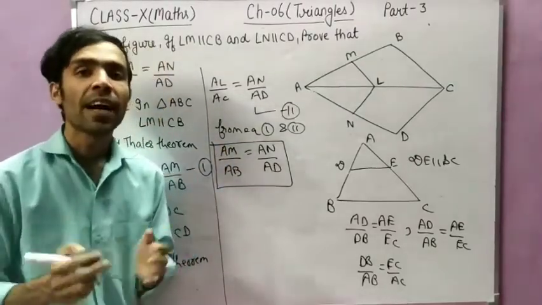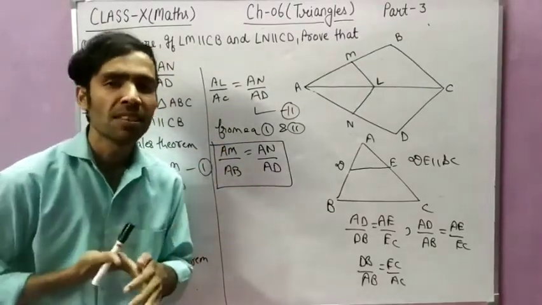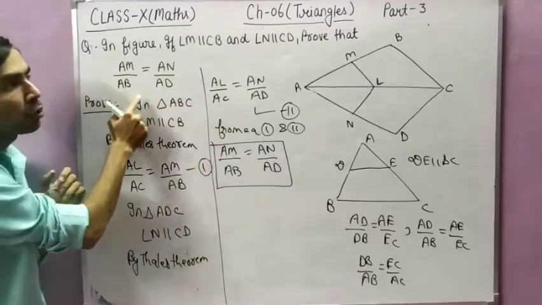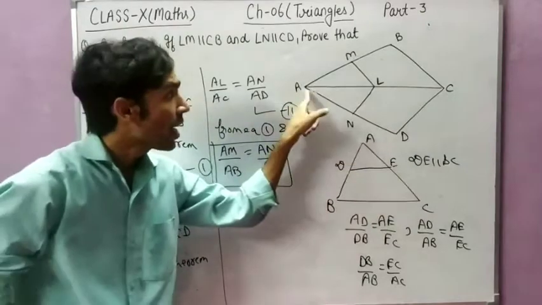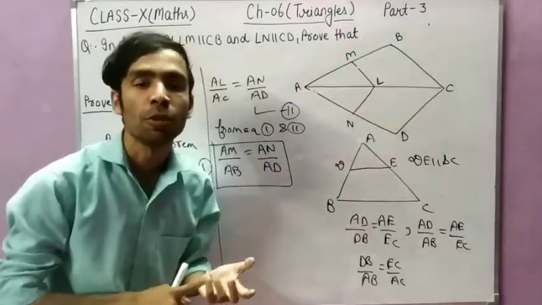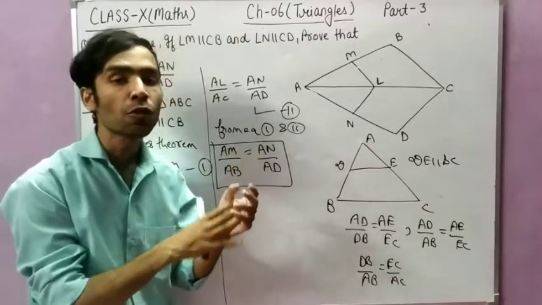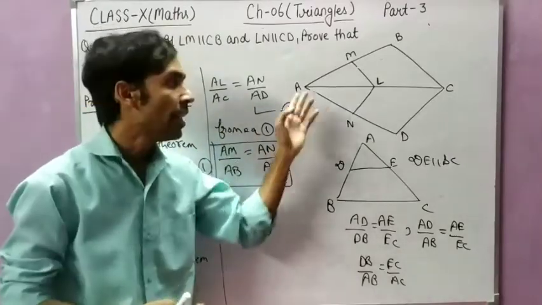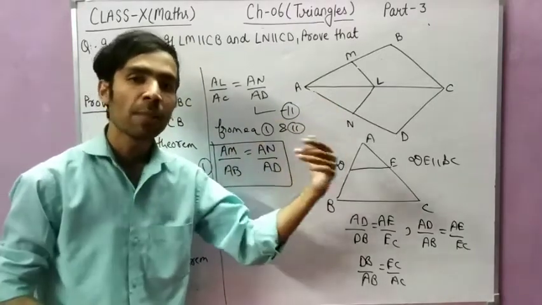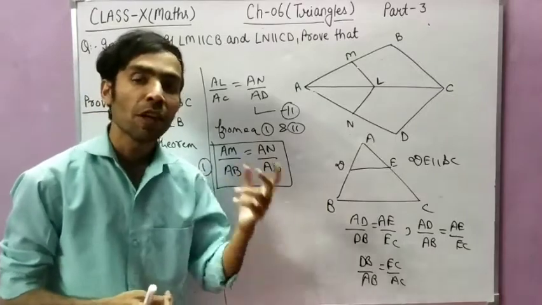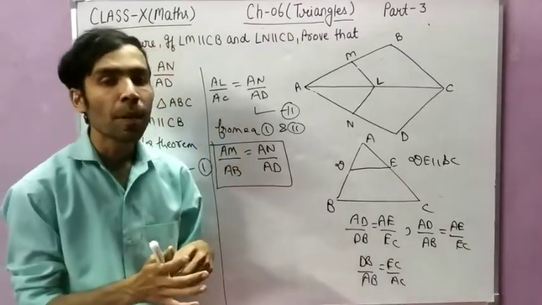Many students will ask why I have not applied the basic theorem. Because what we have to prove is AM by AB. When you see the figure, AM by AB is coming, so we have to write the ratio that way. So we have to remember the other two results. The basic one we know, AD by DB is equal to AE by EC. But for the other two results, keep in mind how to memorize them.